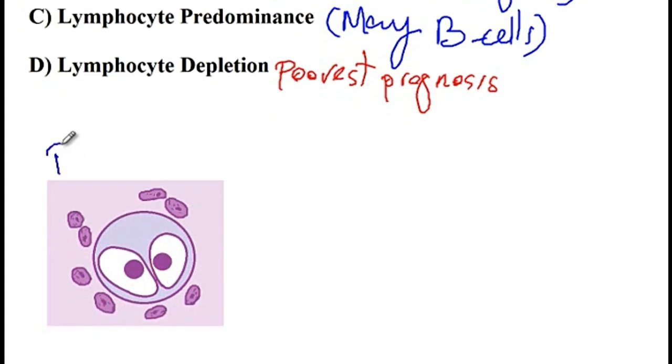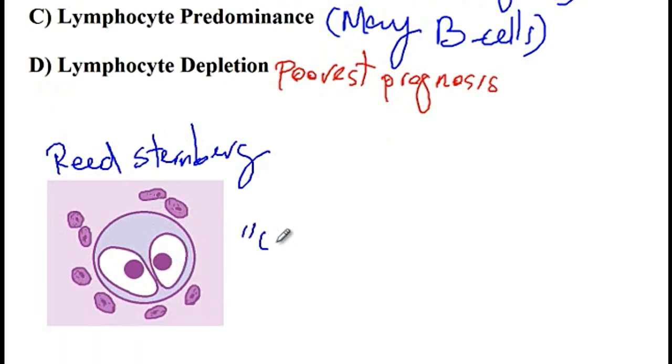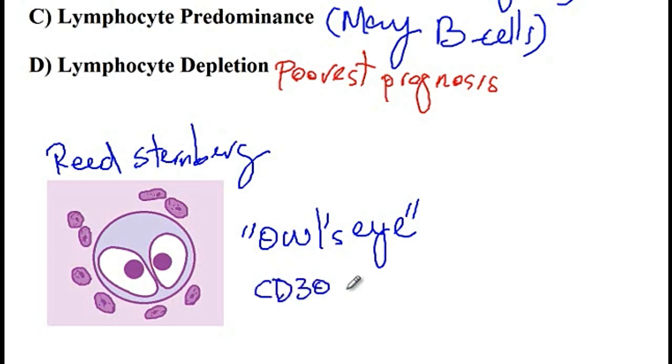So here is an example of a Reed-Sternberg cells, which are enlarged cells with 2 nuclei that have owl's eye appearance. And these cells are B cell origins that are positive for CD30 and CD15 receptors.